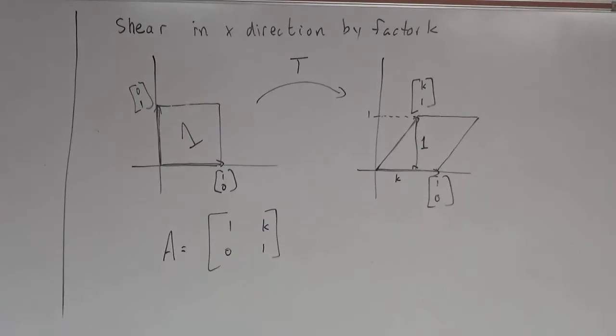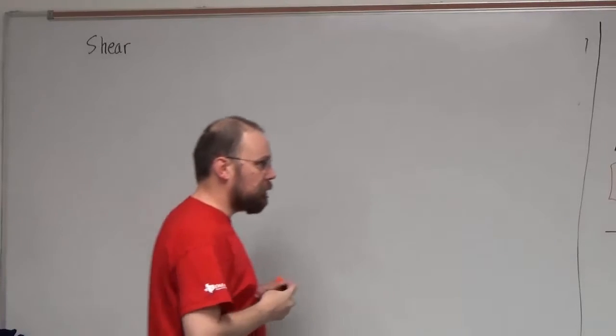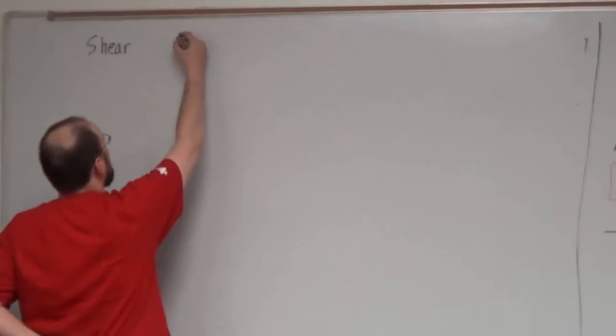So that's shear. What else did it have? Oh yeah, shear in the y direction. Just so you know, you get in the habit of coming up with these by just seeing what the elementary vectors become.